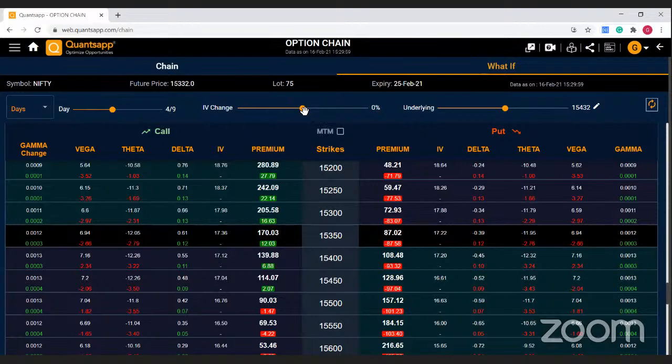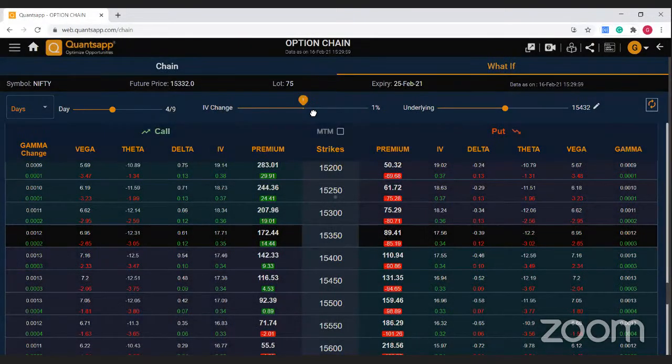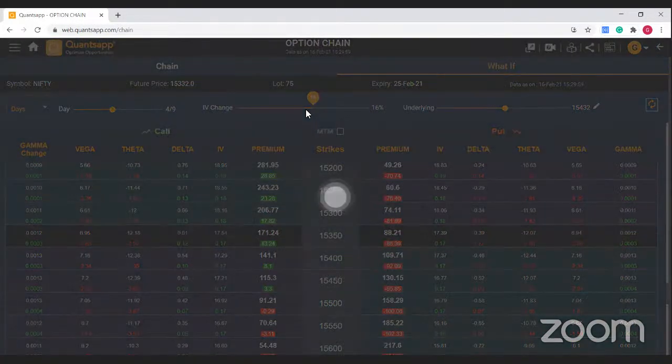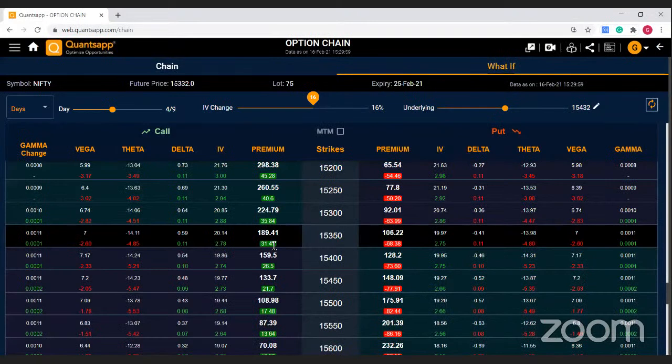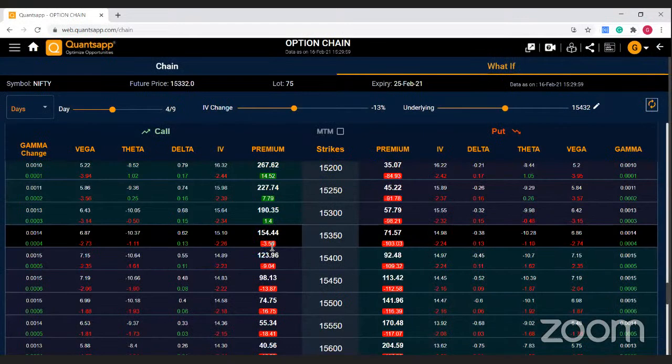If there's a sudden increase in the volatility of the underlying and the volatility spikes by 15 or 16%, you can see that the premium has now increased to almost 31 and a half. And if volatility is falling down, say by 13%, now you can see the option is in loss.